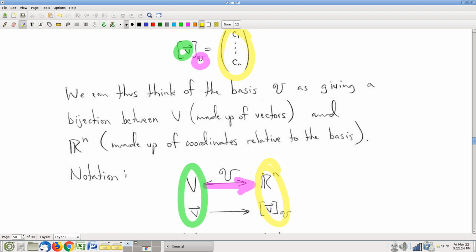Okay, so effectively then a basis can be thought of as a function. This is a very different point of view than we took back in chapter 2. Right? Thinking of a basis now as a function. Vector in, coordinates out.